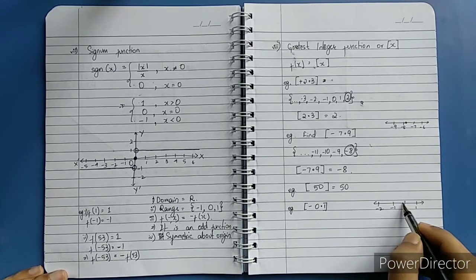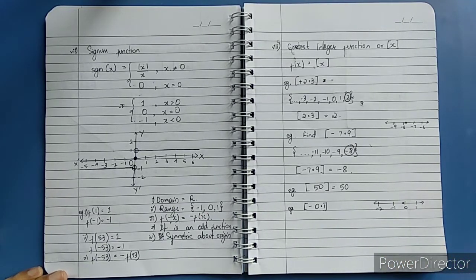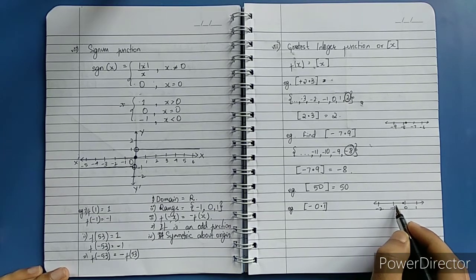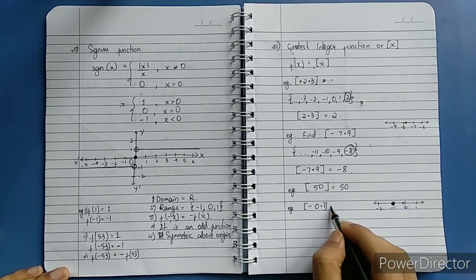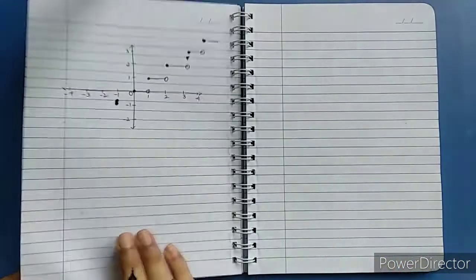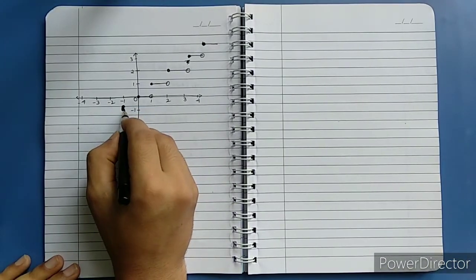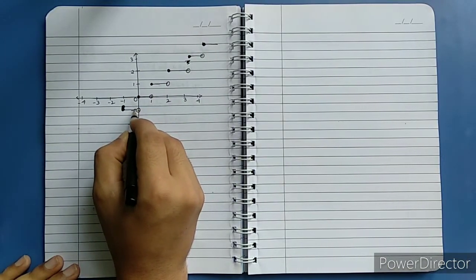So minus 0.1 lies somewhere over here. So the greatest integer that is just before minus 0.1 is minus 1. So box of minus 0.1 is minus 1. So this is minus 1. This comes till here. At 0 it becomes value 0.